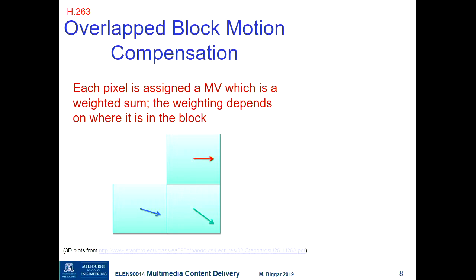So it will generate a new motion vector. It's not going to use one of those. It'll generate a new one that's based on a weighted sum of these ones. Yeah, and they're calculated pixel by pixel.